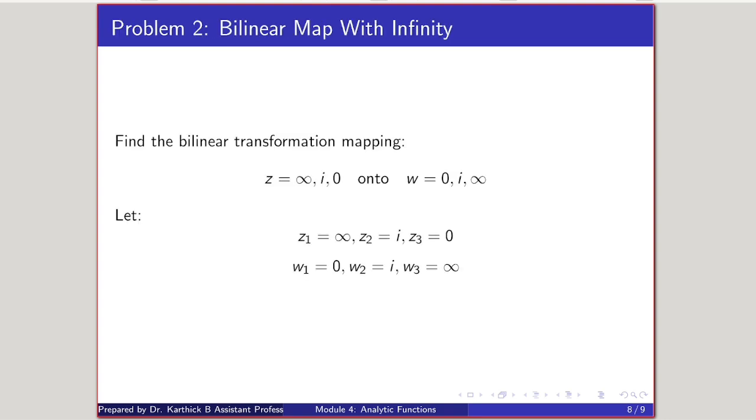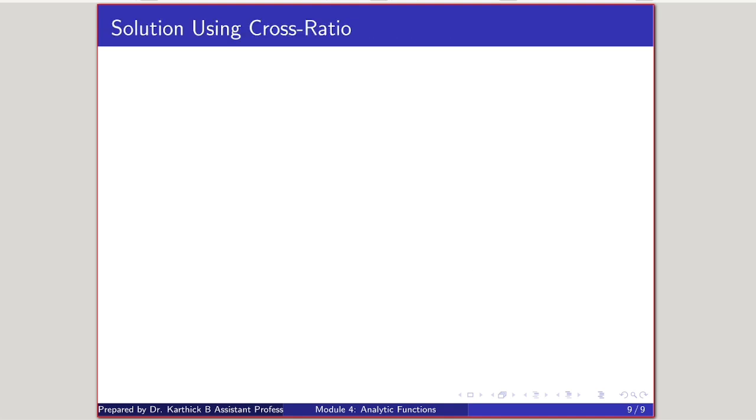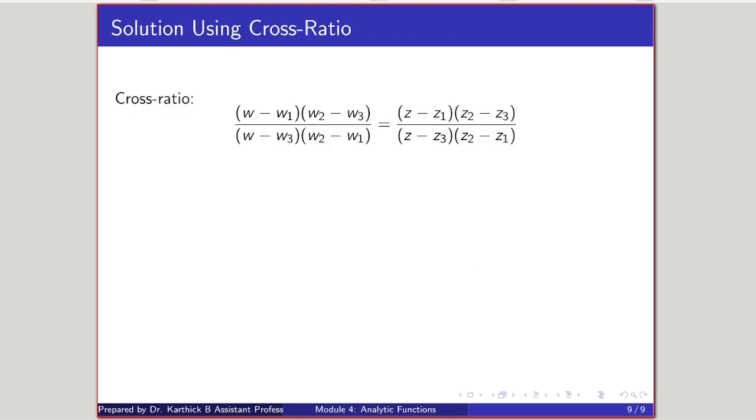Here z1 holds the infinity and w3 holds the infinity. Any finite value minus infinity won't give any definite value.